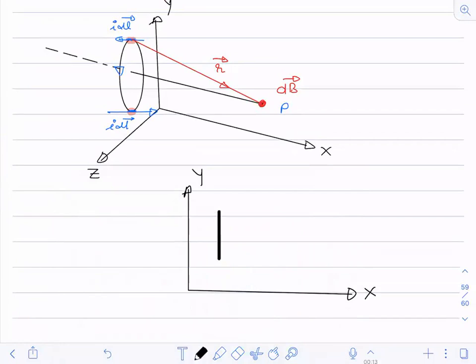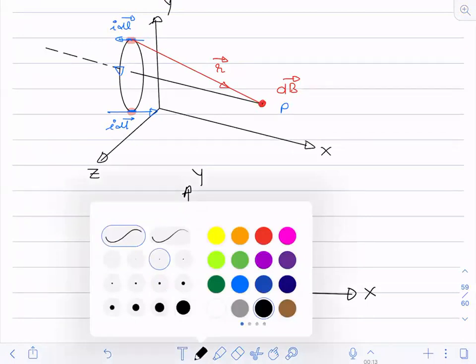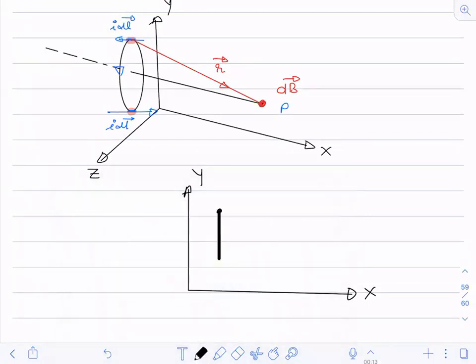This one will be the upper part. This part will be the lower part. Now suppose I rotate this complete figure. Where do you think the current will point here?